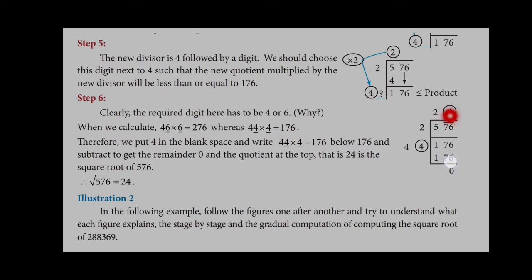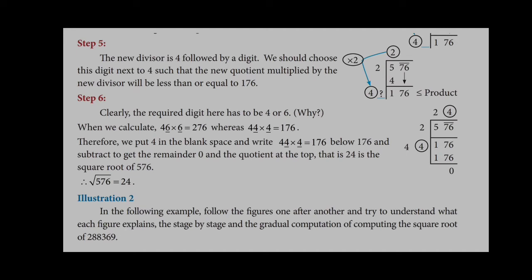So in quotient also 4, in divisor also it should be 4. So 4 fours are 16, so the last digit should be 6. Easily you can multiply. 4 fours are 16, carries 1, 4 fours are 16 plus 1 is 17, 176. Remainder is 0. So the square root of 576 is 24.